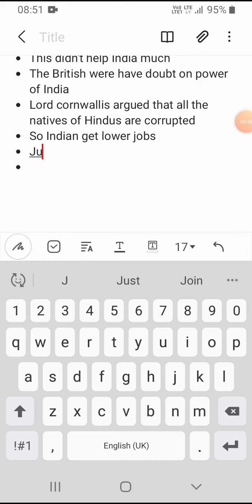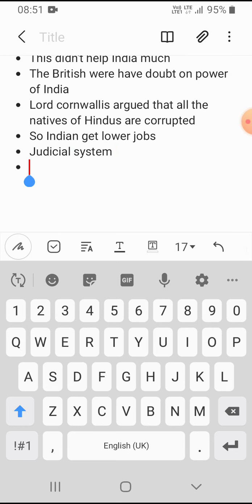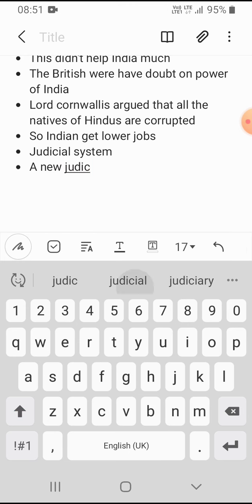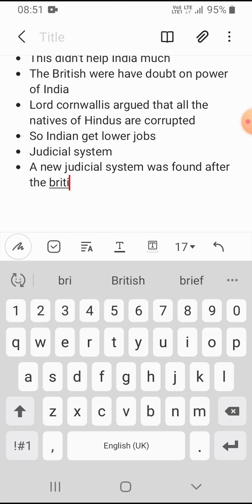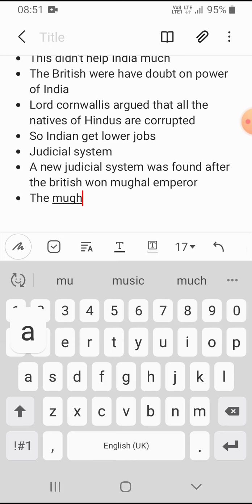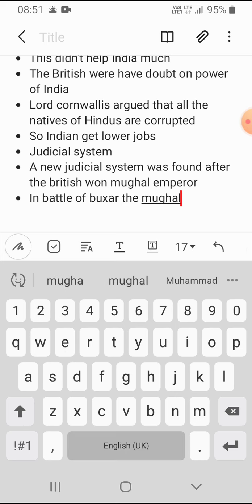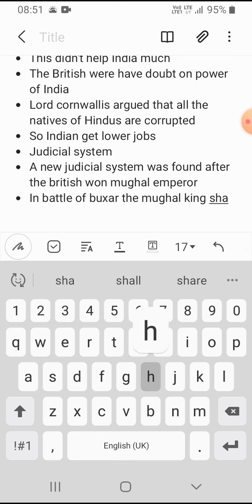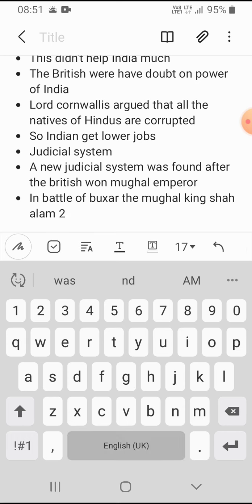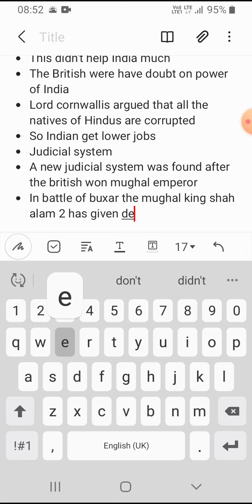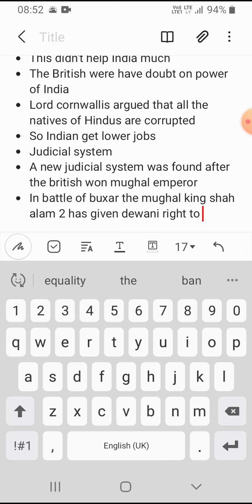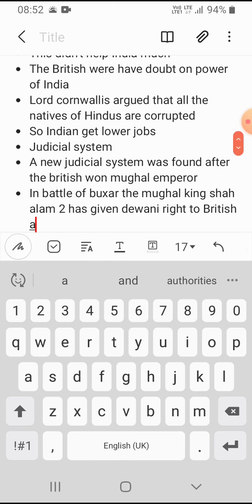Now the judicial system. A new judicial system was founded after the Mughal emperor Shah Alam II, in the Battle of Buxar, gave the Diwani right to the British, and the British were collecting land tax.